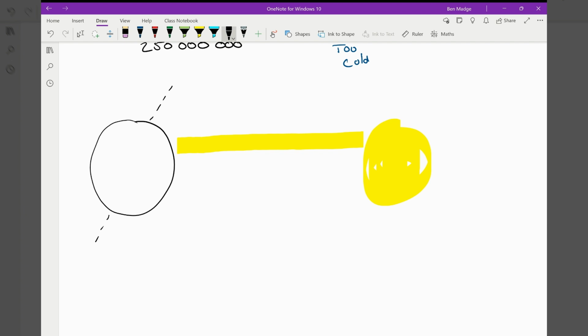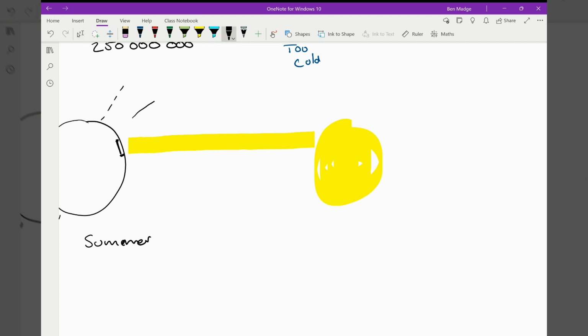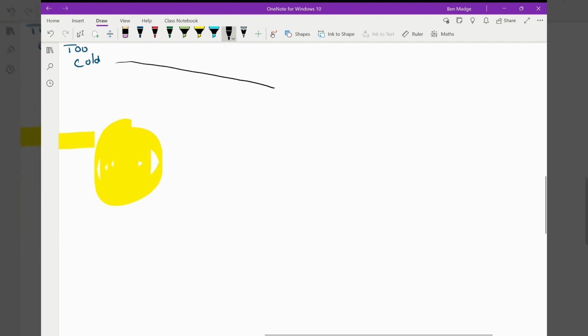So in the northern hemisphere, in the summer, the northern hemisphere is tilted towards the sun. Okay, and that solar insolation is spread over a set distance. Now, the Earth orbits around the sun until it's on the opposite side 6 months later.